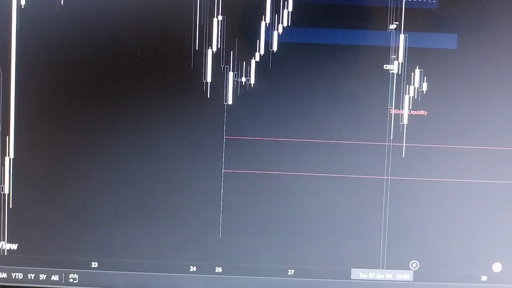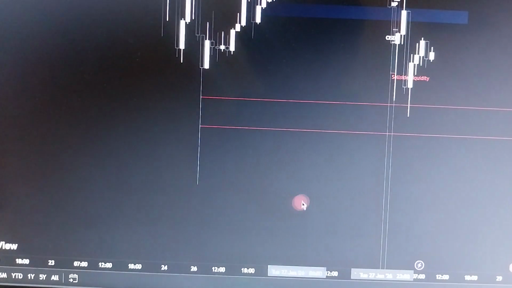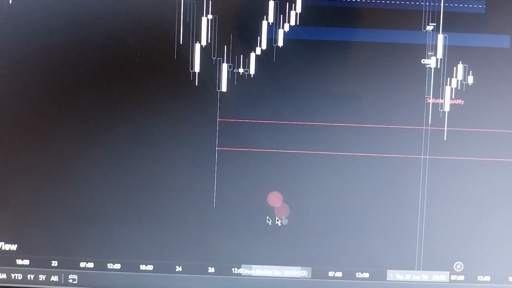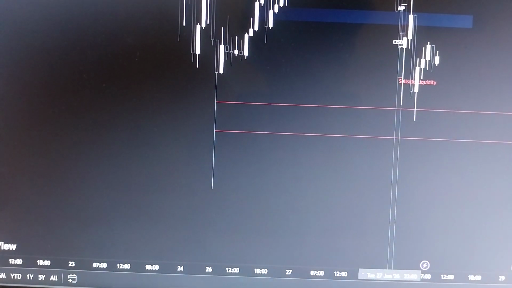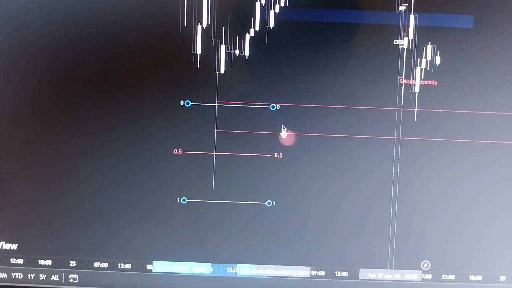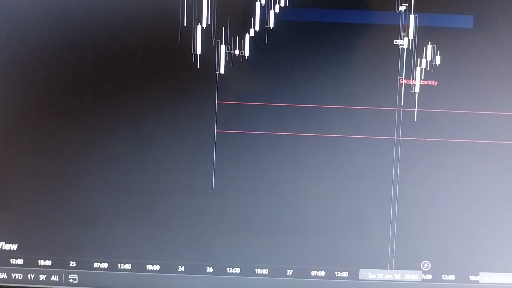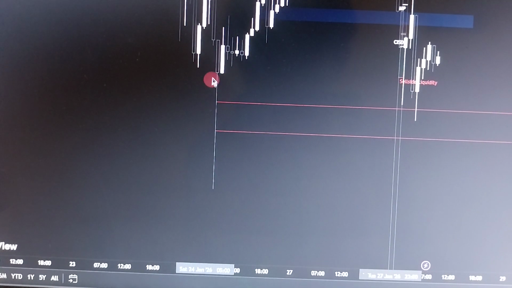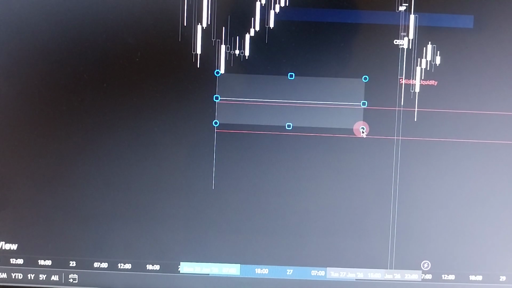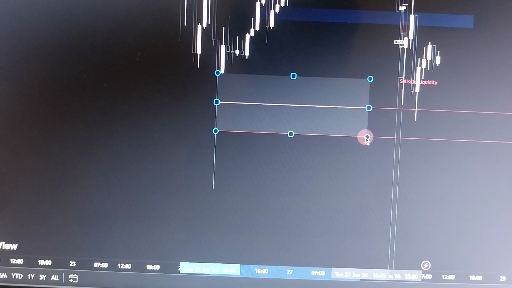We got this wick. Whenever you see a wick like this, you should measure the equilibrium, the middle point of that, which is the consequent encroachment. And then once you measure that, you're gonna measure again the upper half of that wick.